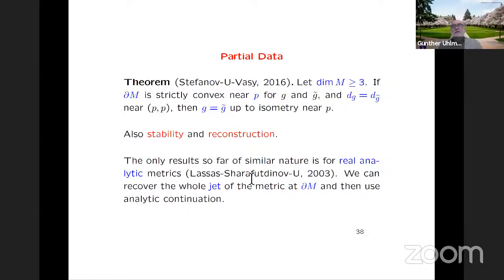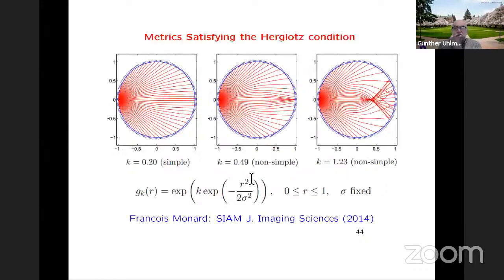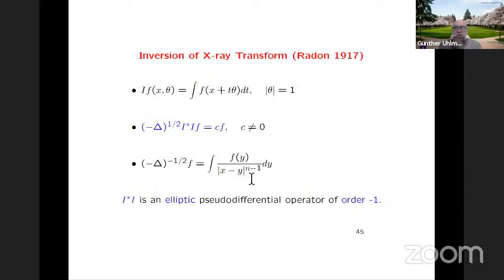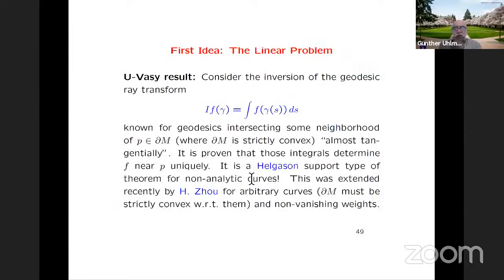For the X-ray transform, when you're integrating along lines, it's called the Helgason support theorem. So you know the integral of a function along lines. Only along some lines in a given set can you determine the function in that set. But this was not known for general curves, certainly not for geodesics.